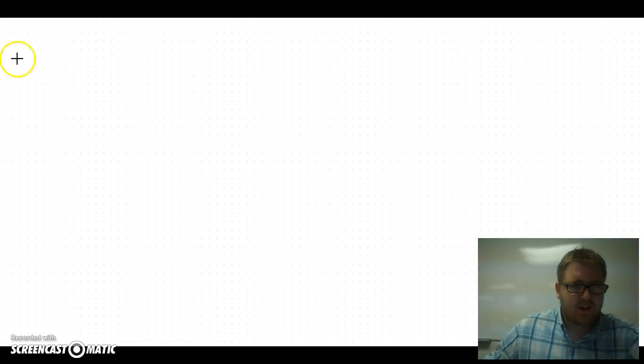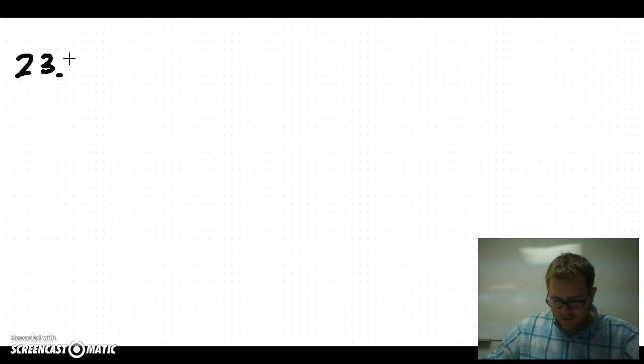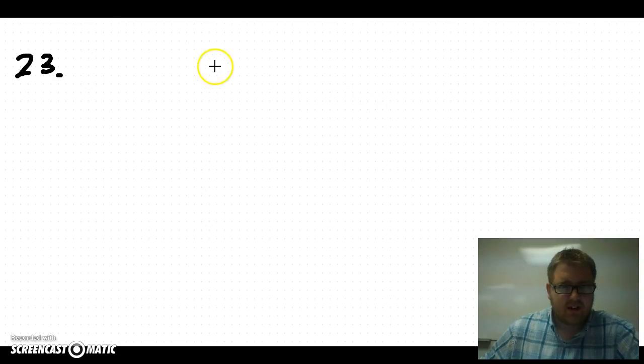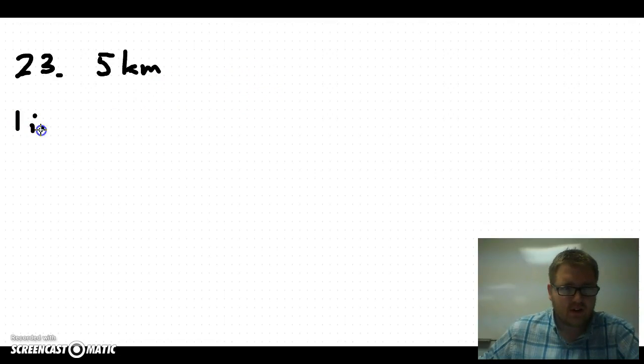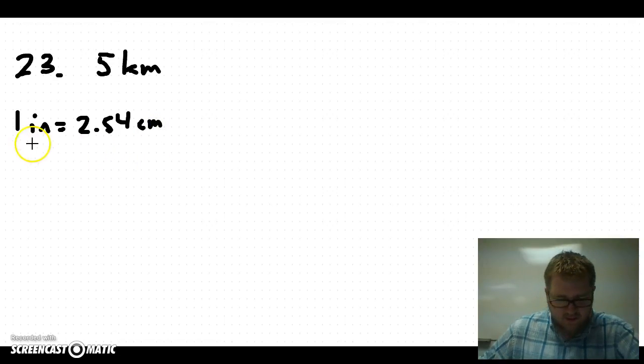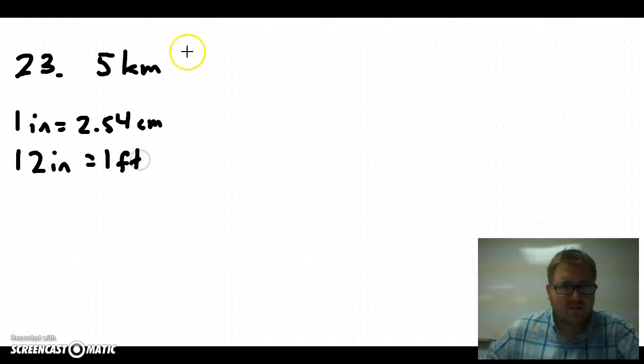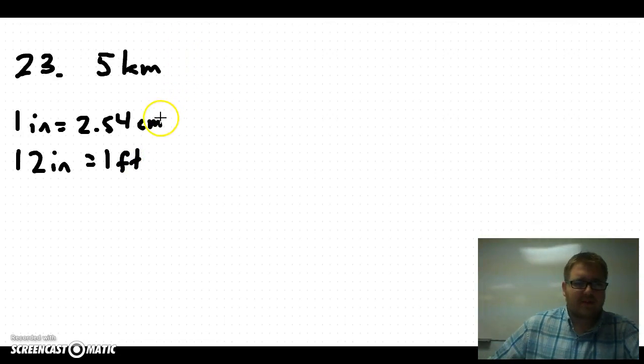So for number 23, calculate the number of feet in a 5-kilometer race. So this is going to involve some conversion. We know that an inch is 2.54 centimeters, and we know 12 inches are in a foot. So let's first take kilometers into something we know.